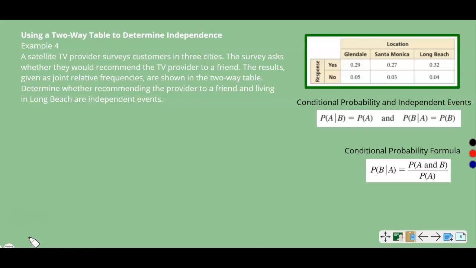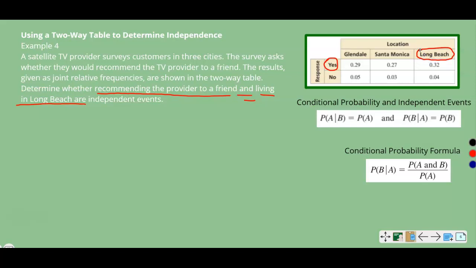All right, so determine whether recommending the provider to a friend and living in Long Beach are independent. Remember, we looked at joint relative frequencies in the last section, and recommending the provider means our response is going to be a yes, and living in Long Beach.